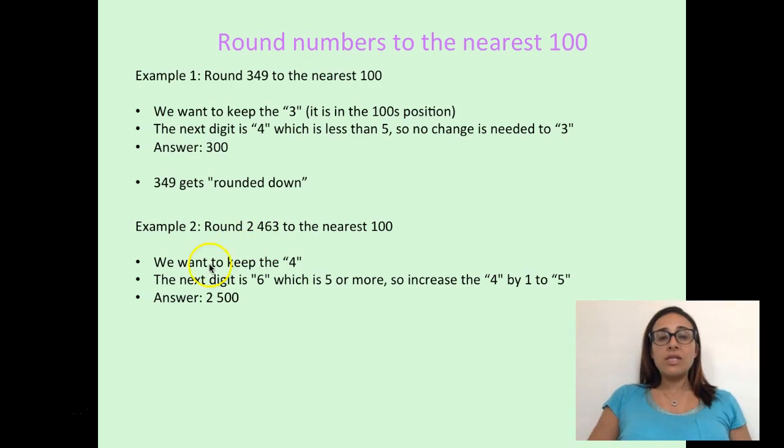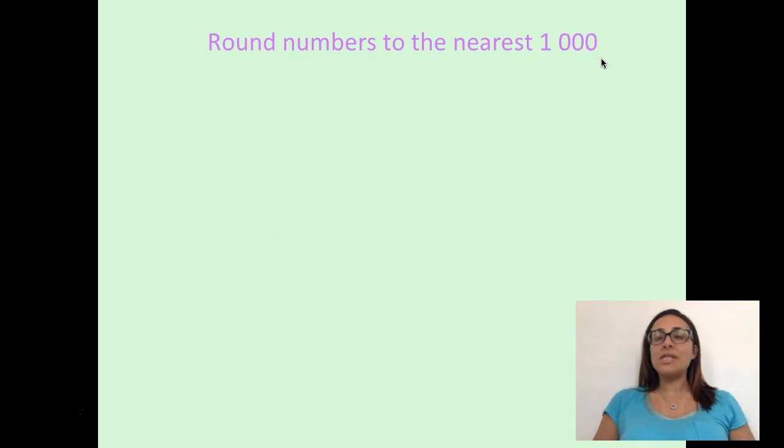So our answer is 2,500. This number, 2,463, gets rounded up because you can see that the answer, 2,500, is larger than the original number, which was 2,463.